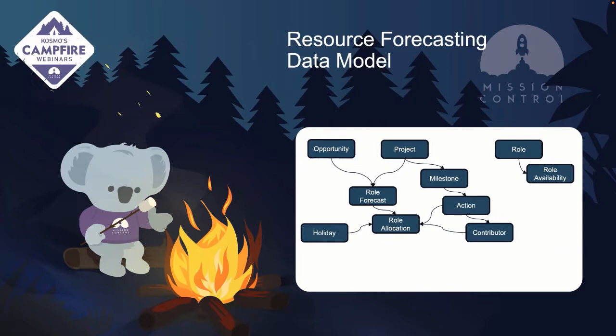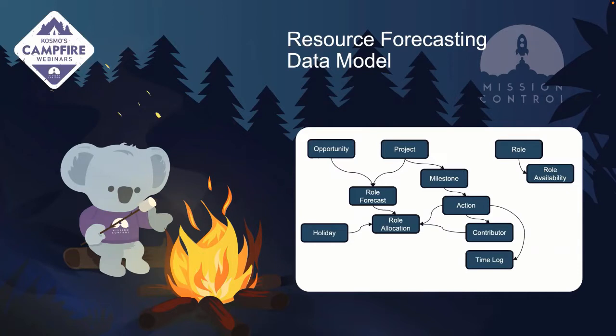Those role allocations indicate how many of the hours from that role forecast have been allocated to that person on a particular day. Likewise for the actions, the contributors, and the holidays. So your role allocations could cover holidays, role forecasts, and actions, and that is where you'd get that centralized view of all of the work that has been allocated to that resource.